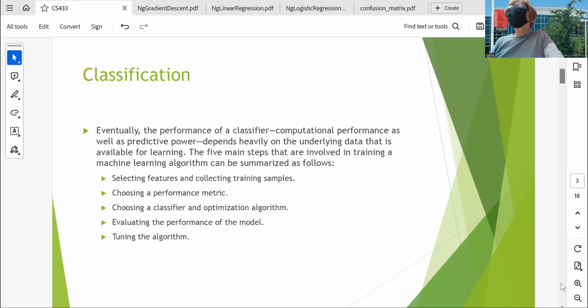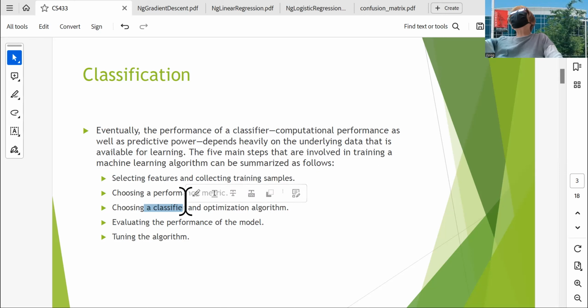If you recall last class, when we discussed the perceptron application with sklearn, we also saw the steps involved in training. You select features and collect training samples. We also choose some performance metrics. Then you choose a classifier.